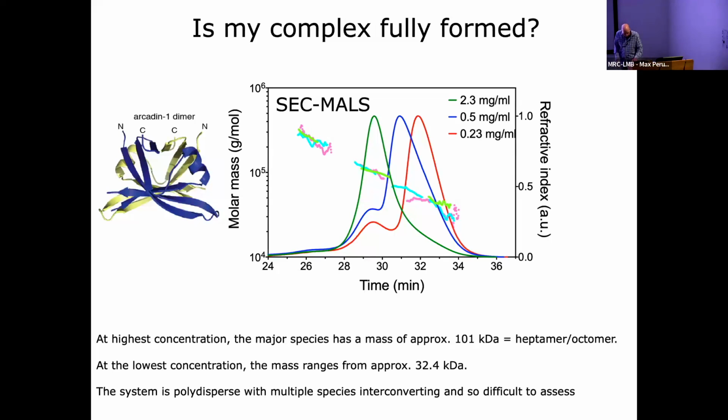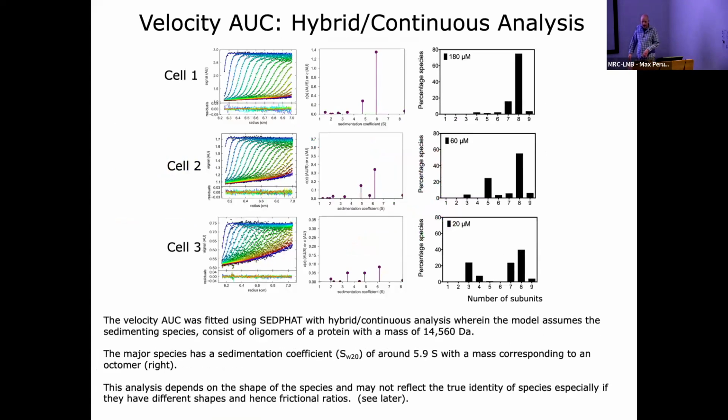It was difficult to see. So if we did AUC at different concentrations and use this analysis, where we know exactly what the monomer is, then we can work out how many oligomers there are. You can see at the top there, at highest concentration, there was 8, and then as we start to dilute, it seems to fall apart.